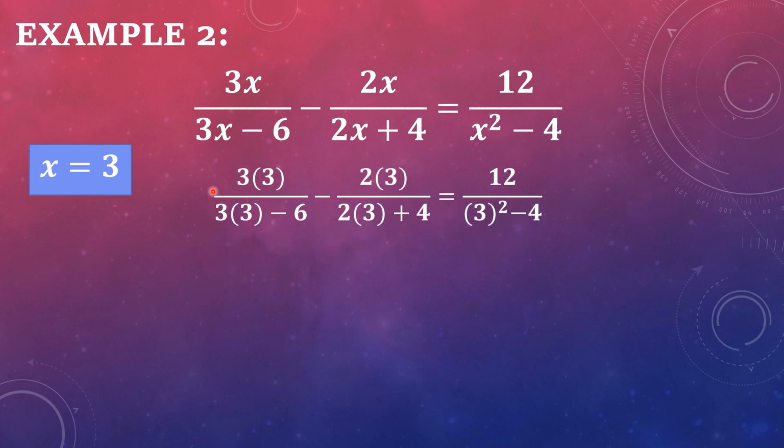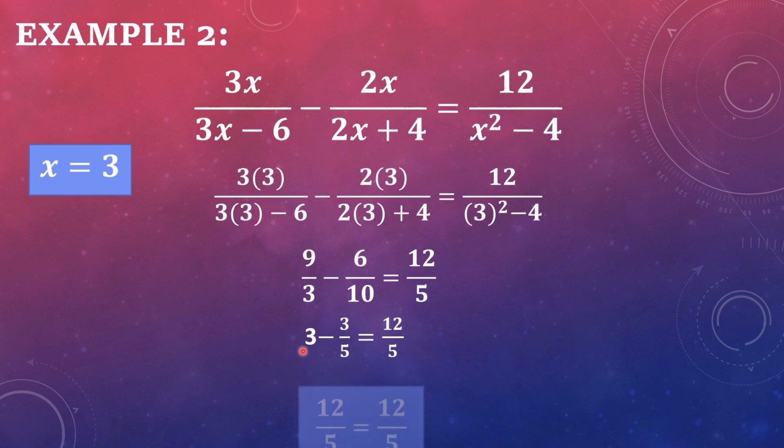So 3, quantity 3, over 3 times 3 minus 6, minus 2 times 3 over 2 times 3 plus 4, which is equal to 12 over quantity 3 squared minus 4. We have here 9 over 3 minus 6 over 10, which is equal to 12 over 5. Okay, so 9 over 3 is 3. And the lowest term for 6 over 10 is 3 over 5, which is equal to 12 over 5.